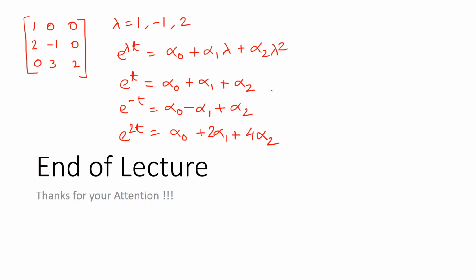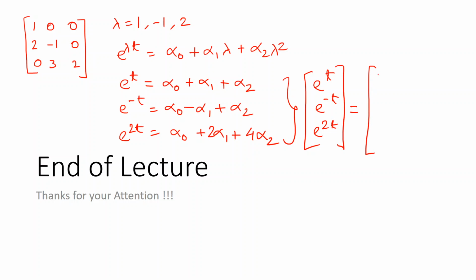So now you have your set: e to the power of t, e to the power of minus t, e to the power of 2t, and you have a matrix here, 1 1 1, 1 minus 1 1, 1 2 4, times alpha 0, alpha 1, alpha 2.